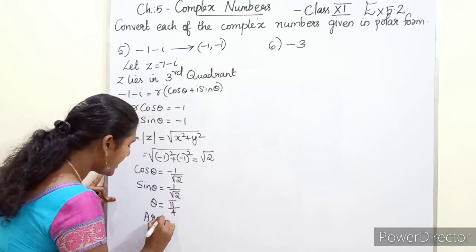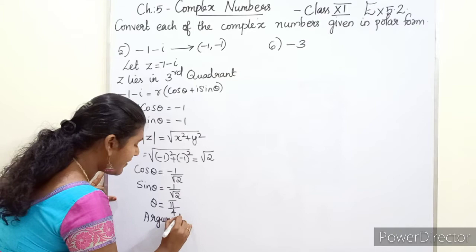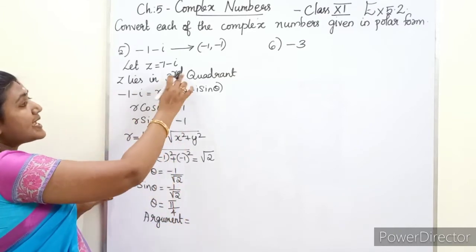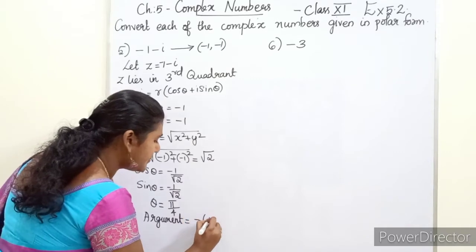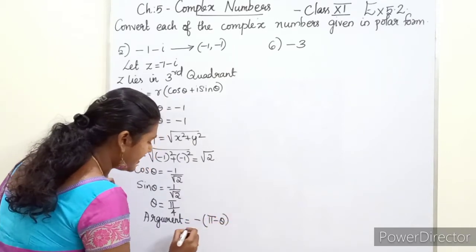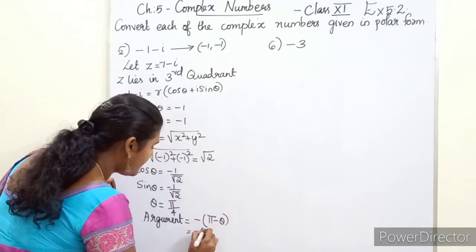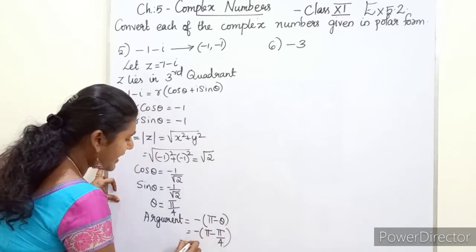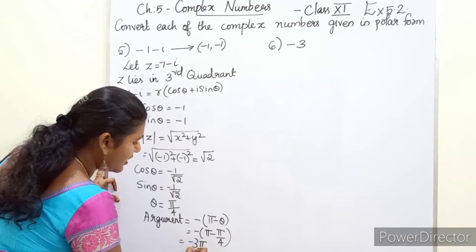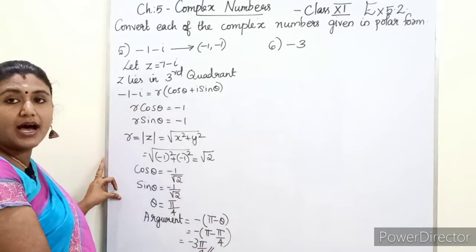Now we will find the argument value. Since z lies in the third quadrant, the formula for argument is minus of pi minus theta, that is minus of pi minus pi by 4. When you simplify, you will get minus 3 pi by 4. So this is the value of the argument.